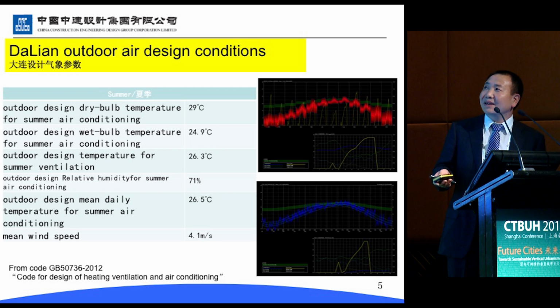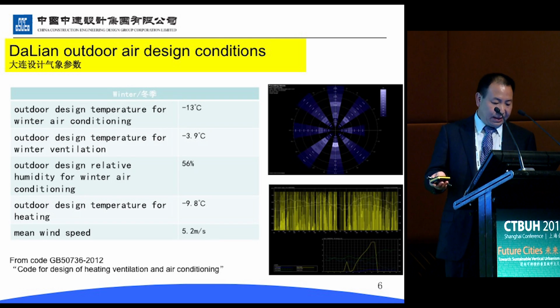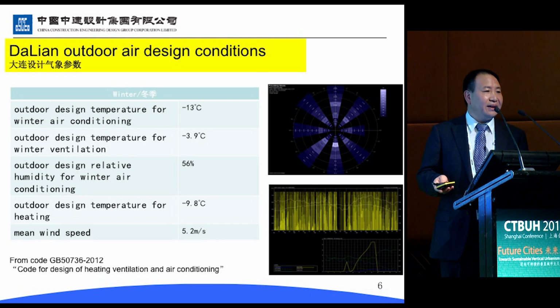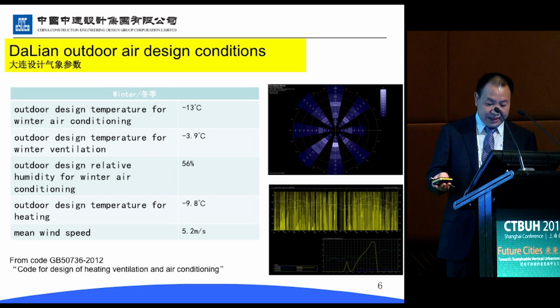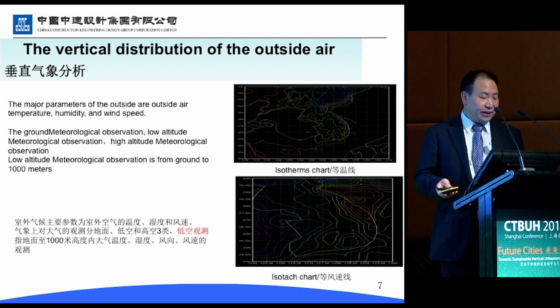And this is the summer parameters. And the outdoor design temperature, the dry bulb temperature, is about 20 Celsius. The winter, it's about minus 13 degrees is the outdoor design temperature for the winter air conditioning.